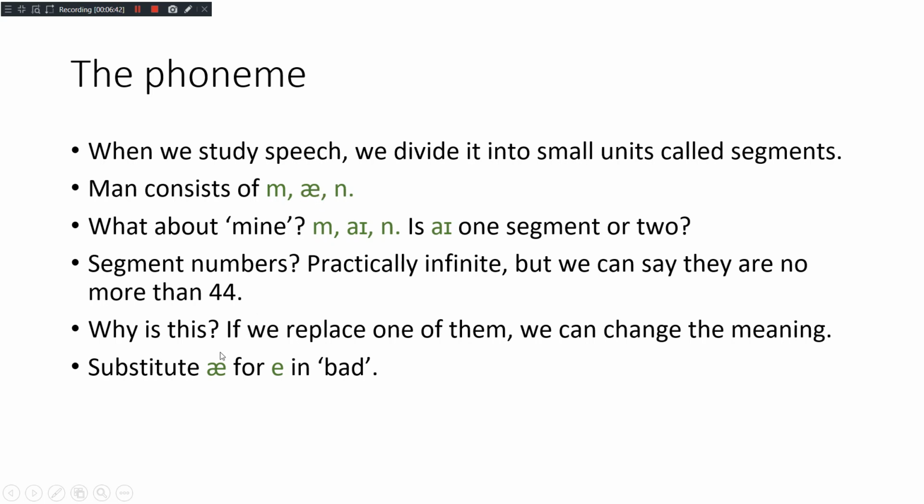When we change the vowel in the example of the word bad, the meaning becomes completely different. Then we decide that the two vowels are different. If we change it to, let's say, the sound in bud, in that case, we also have a different vowel.